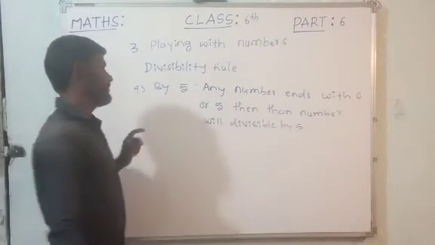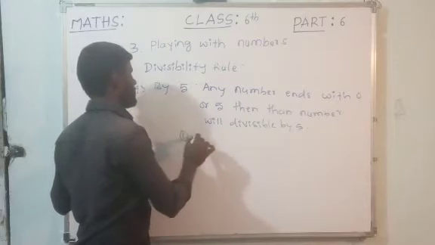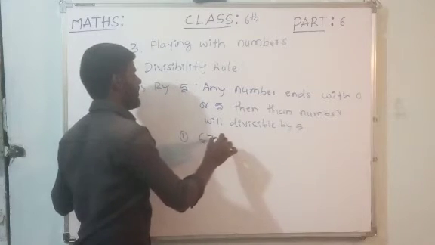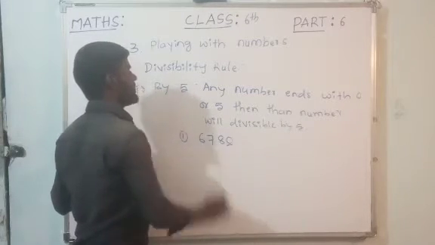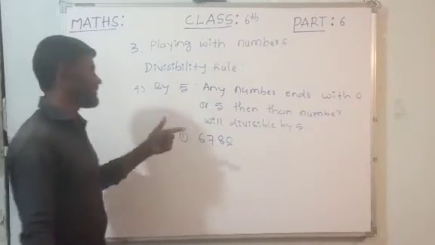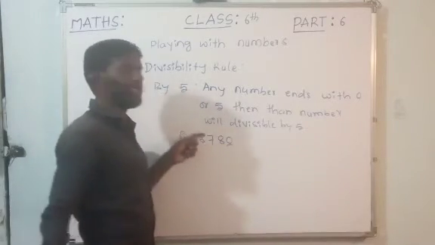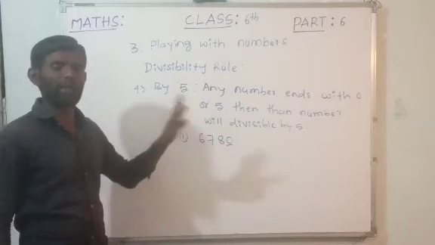Example, see dear children. Example first, suppose 6780. This number ends with 0. This number, 6780, can definitely be divided by 5.